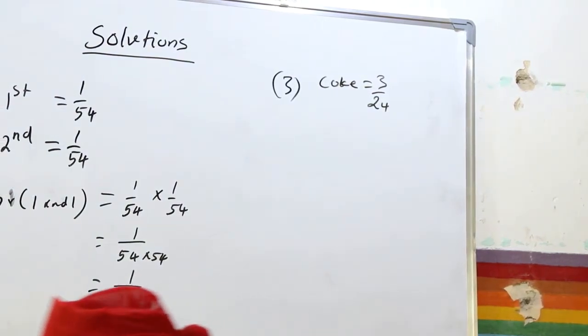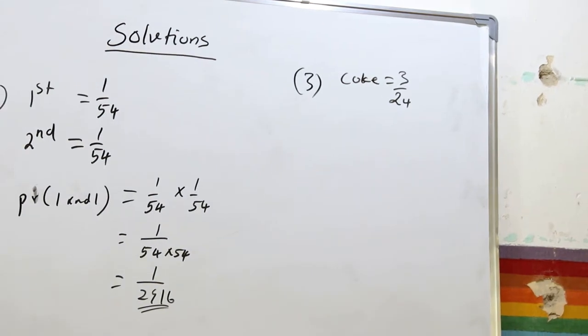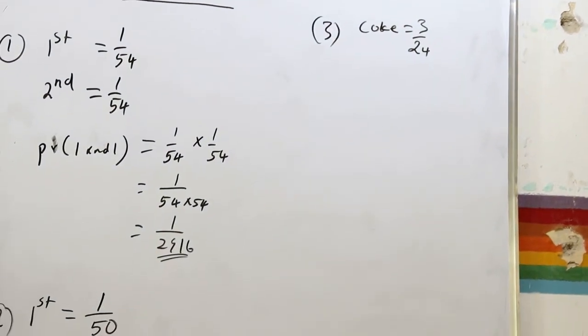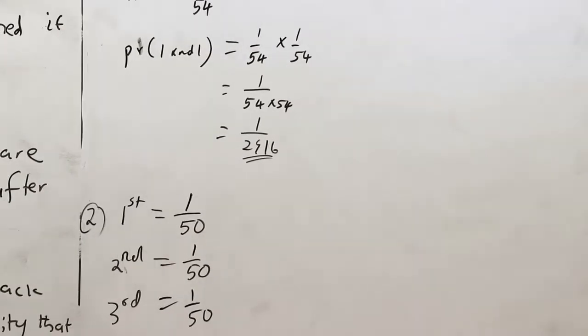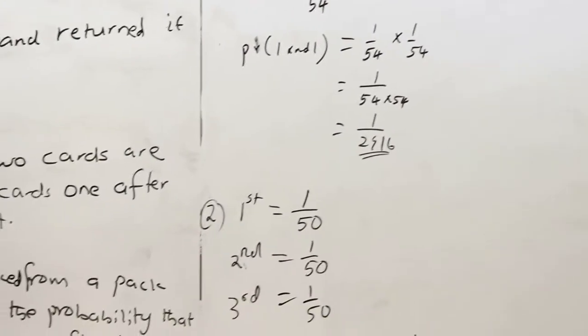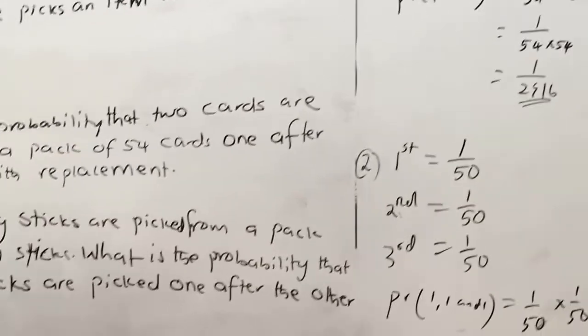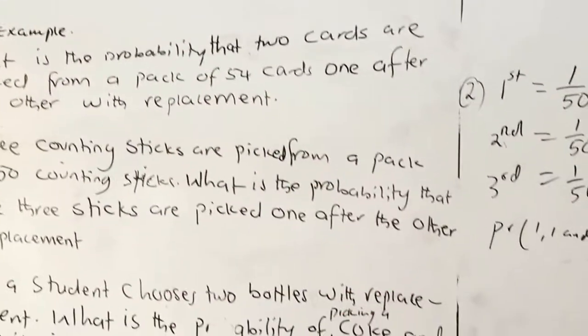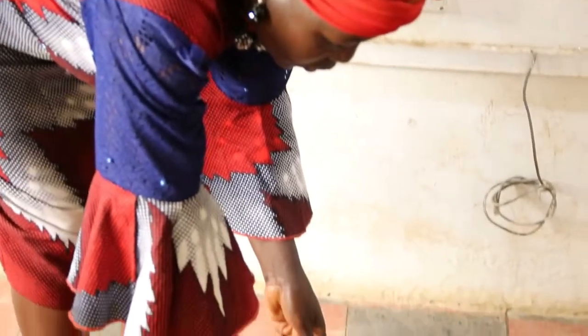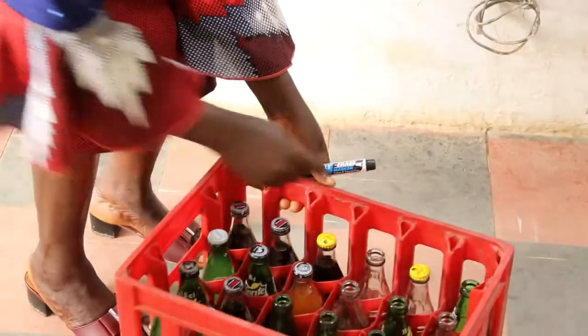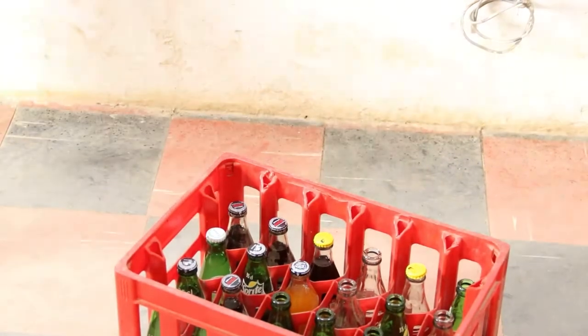Then I'll replace it back. They say with replacement, I'll replace it back. I'm still having 24. Then they say the other one is Sprite. So in this crate we have 1, 2, 3, 4 Sprites inside the crate.